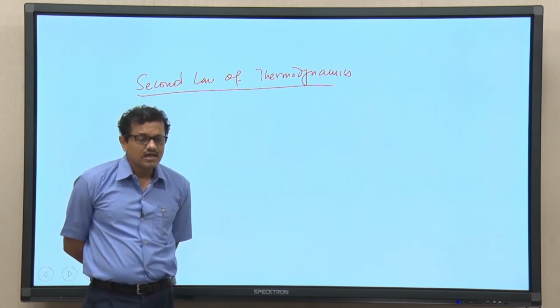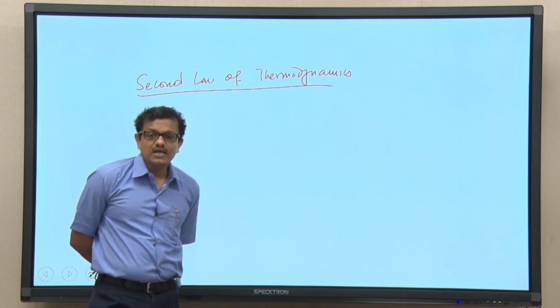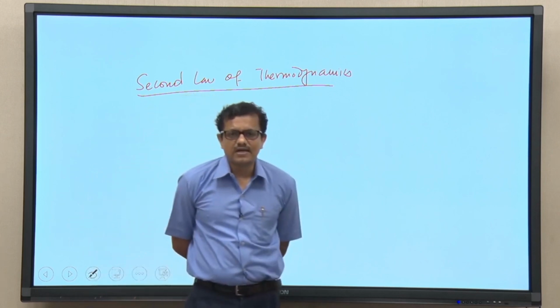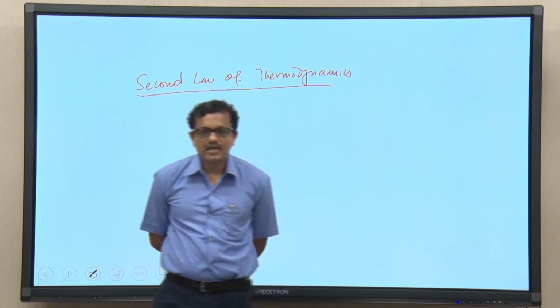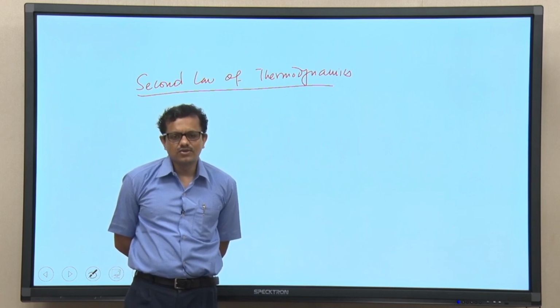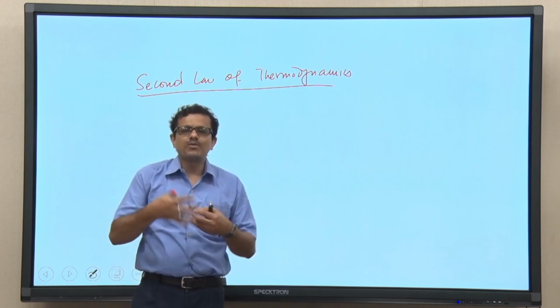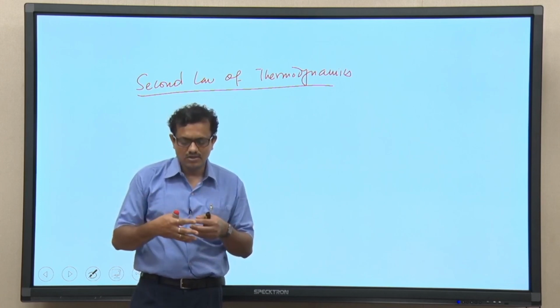So, this is one. Number two is, you have studied that there are many properties including extensive and intensive properties. There are a few properties which you cannot directly measure. So, those properties are obtained from different thermodynamic relations.